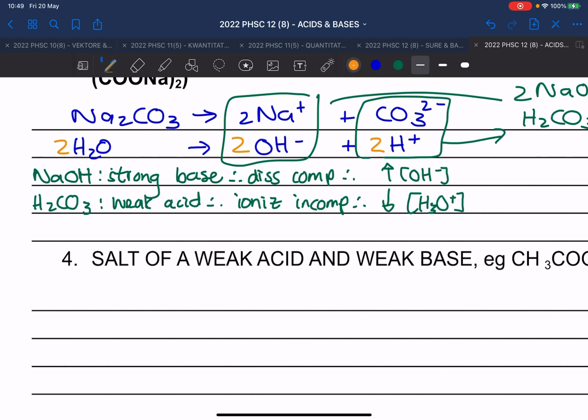So if you read somewhere ionized incompletely, then you're also going to write that it removes the hydrogens. What removes the hydrogens? The carbonates. So it means the carbonate ion removes hydrogen ions from solution.